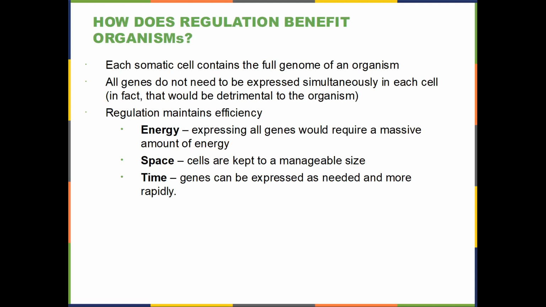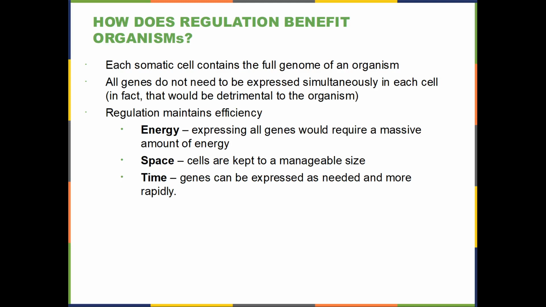So how does gene regulation benefit an organism? Well, first think about eukaryotic cells, multicellular organisms. Each cell in your body has the full genome, but they're not all the same.